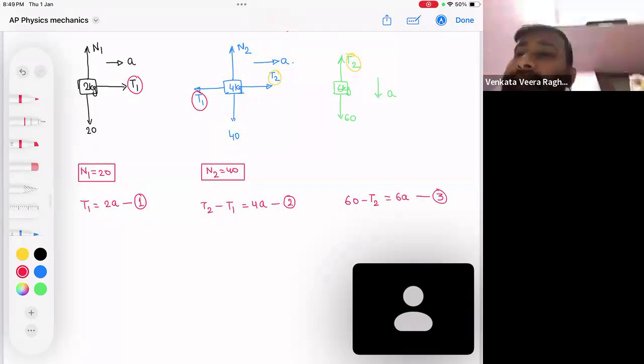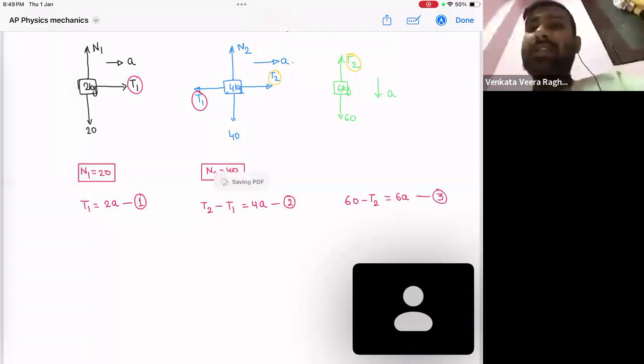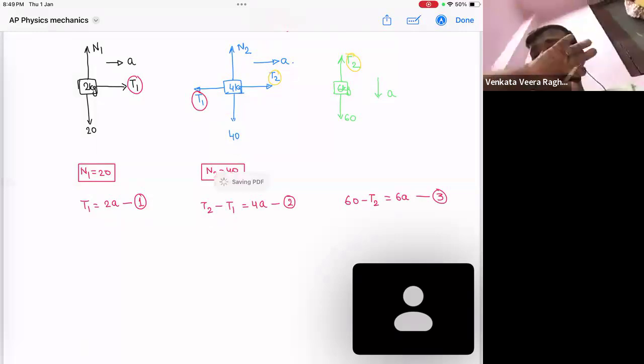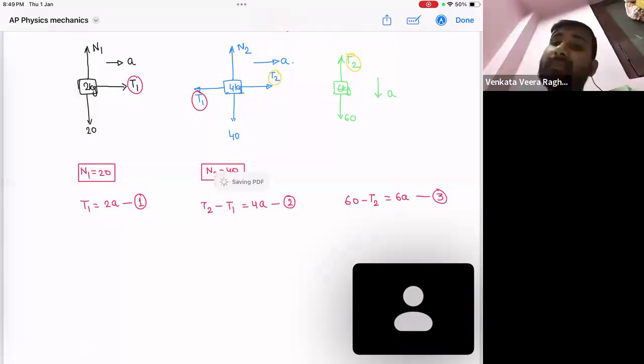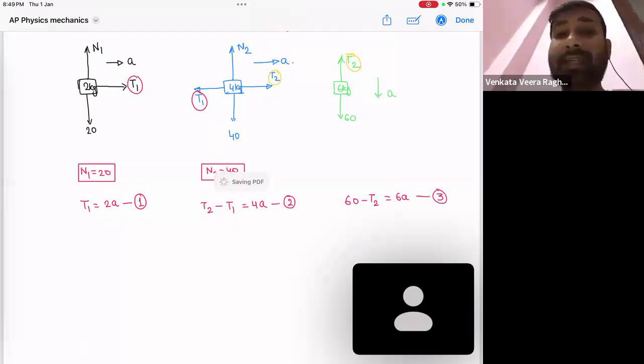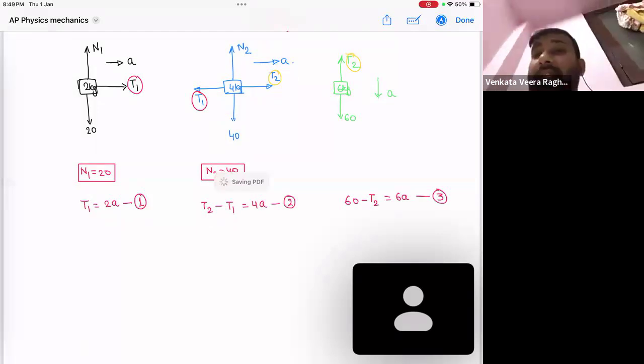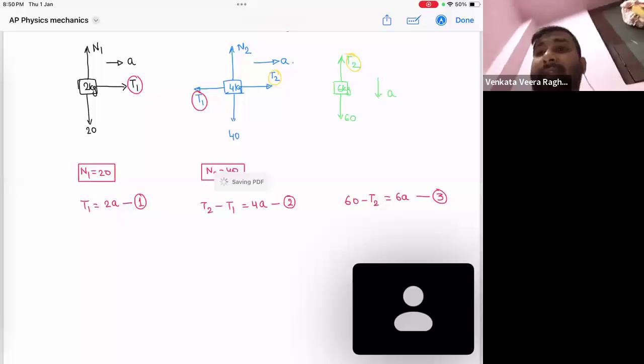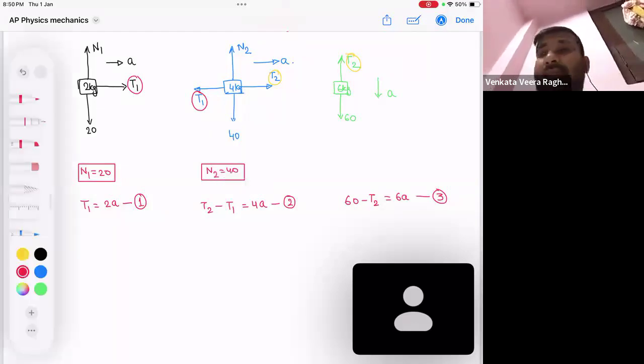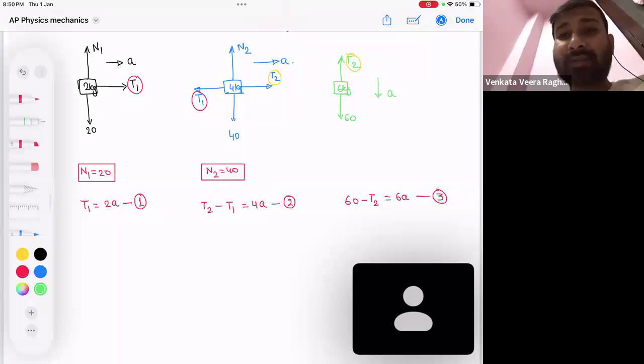Now if you look at equations 1, 2 and 3, you will see that we have three unknowns: T1, T2 and the acceleration of the blocks. We can solve these three equations. How will we solve them?